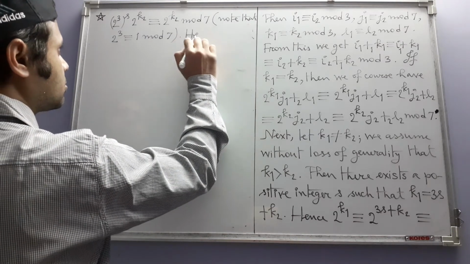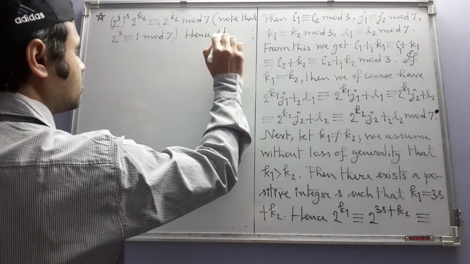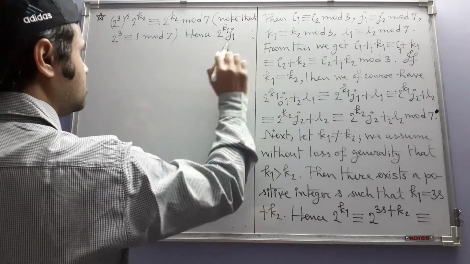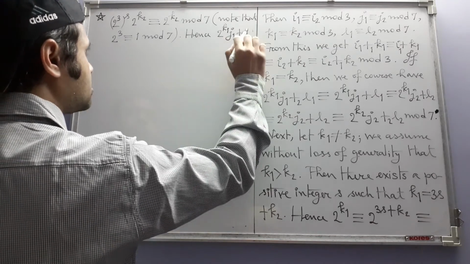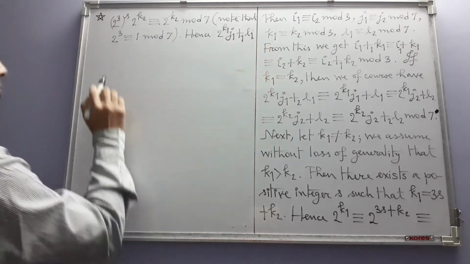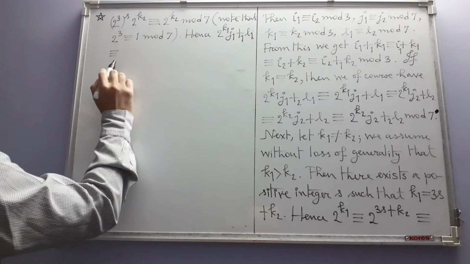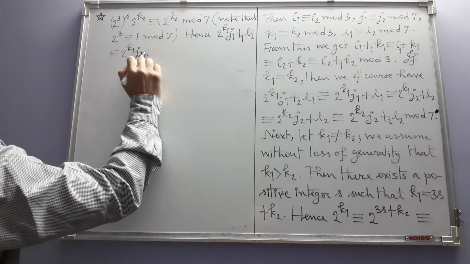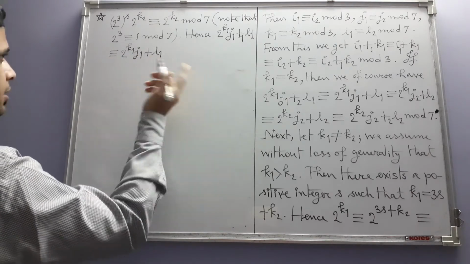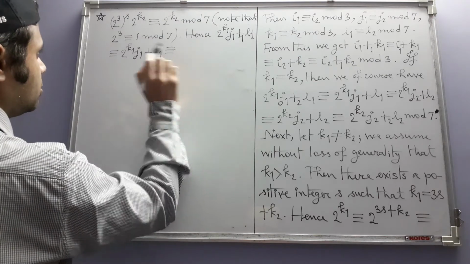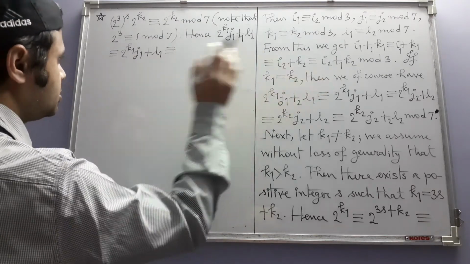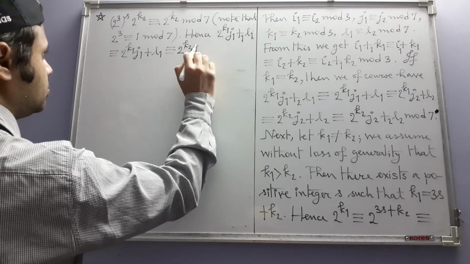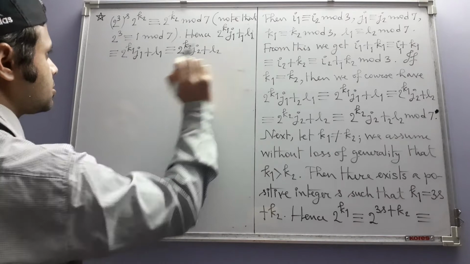Hence, 2 to the power k1 j1 plus l1 is congruent to 2 to the power k2 j2 plus l2.